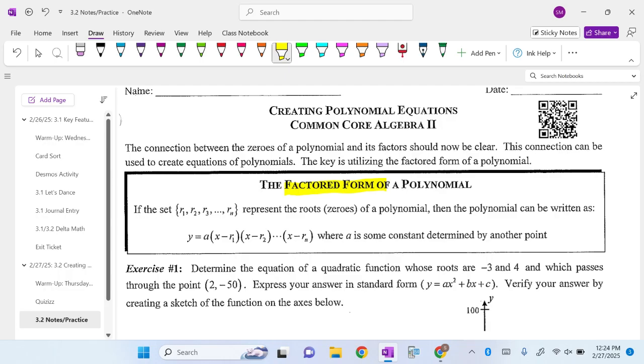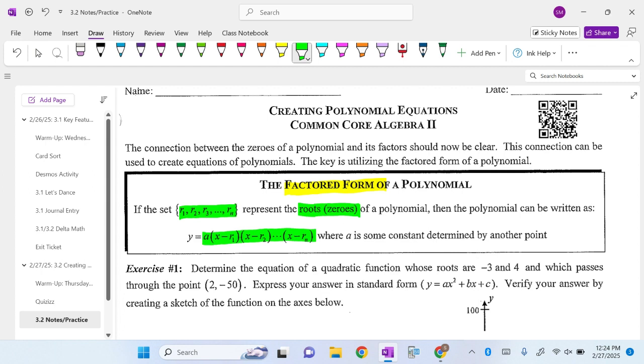All right. So remember, when you're given your roots, your factored form will look something like A is equal to X minus R1, X minus R2, and so on. So remember, you're doing the opposite signs based off of whatever your root is.